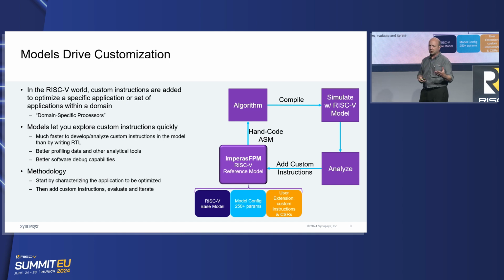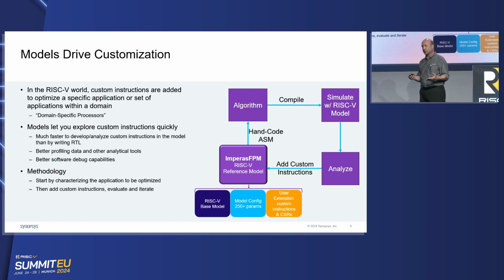One of the use cases that I'll talk about here is adding custom instructions for architecture exploration. In the RISC-V world, as we know, what we're typically trying to do is add custom instructions to improve the performance of a specific application or a set of applications. And that's a great thing. What we're creating are domain-specific processors. We've seen a number of examples of that just in the last few presentations. The models let you explore the custom instructions quickly.